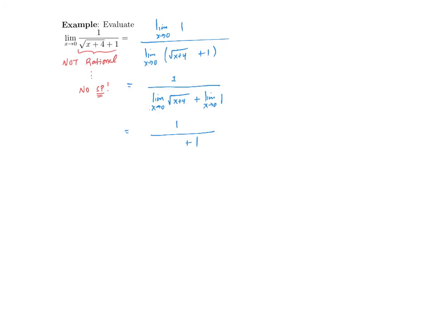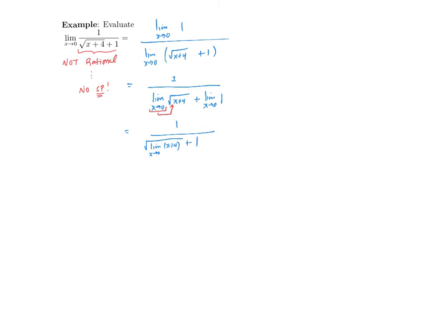And the first limit, we still can't use the substitution property because it's a square root. But our final limit law tells us we can push a limit inside a square root function. So this would become the square root of the limit as x approaches 0 of x plus 4.